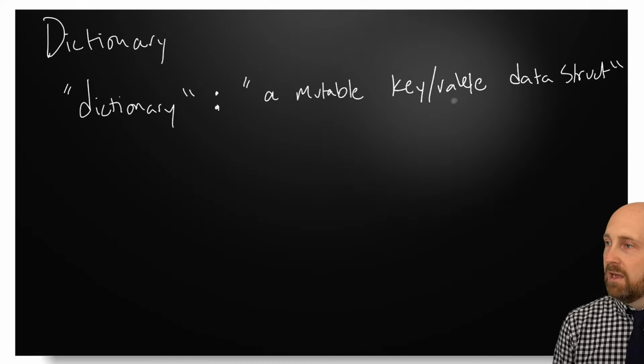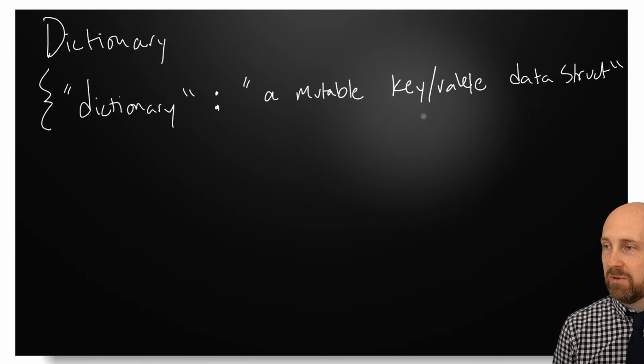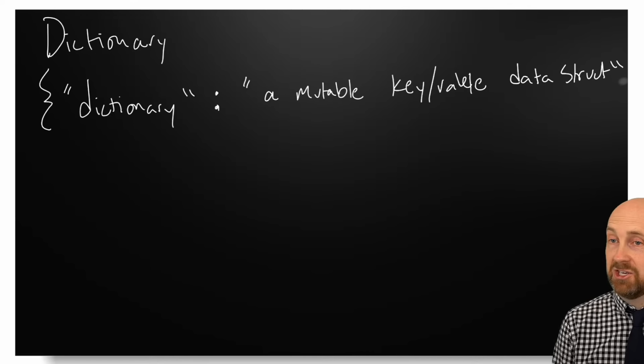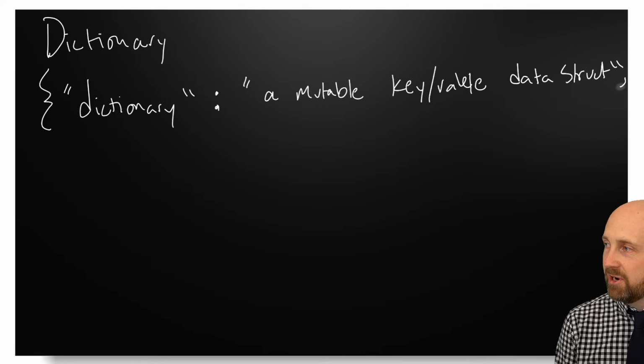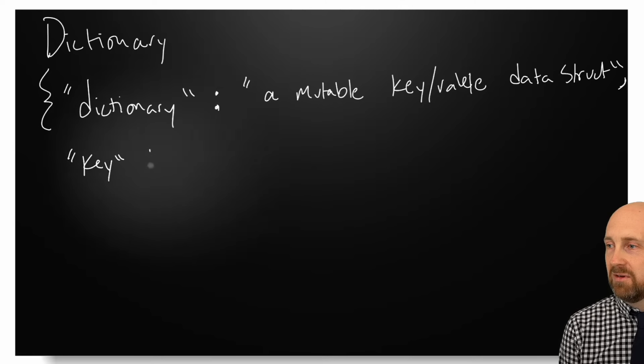All right. And I'm going to put some curly braces around this as well, because this is what we're going to learn. This is a dictionary literal in Python. I'm going to put a comma after this entry and say, a key is defined as something you look a value up by.